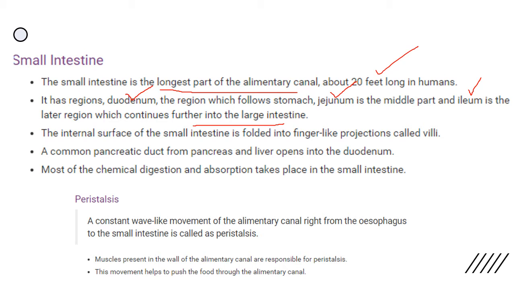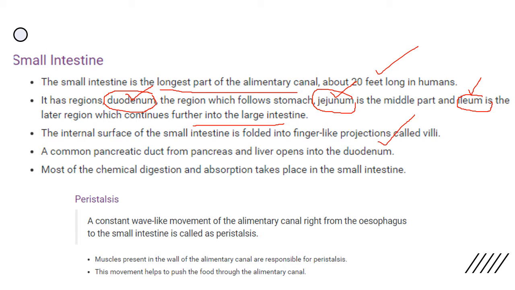So the connection between the stomach and the small intestine is the duodenum, the middle part is the jejunum, and the connection between the small intestine and large intestine is the ileum.